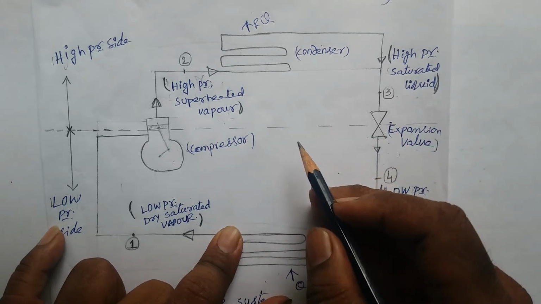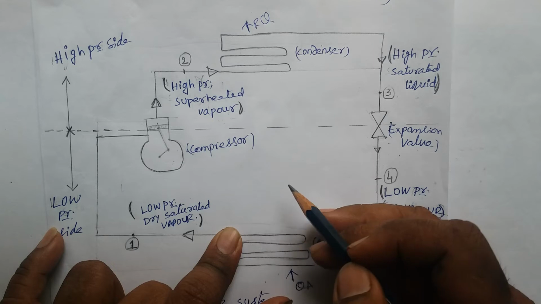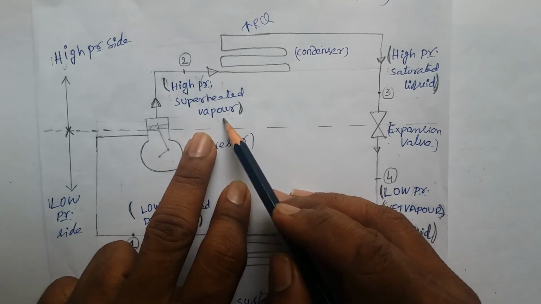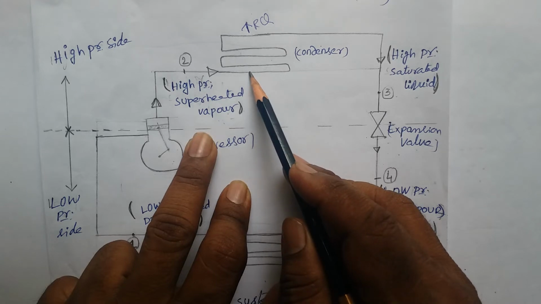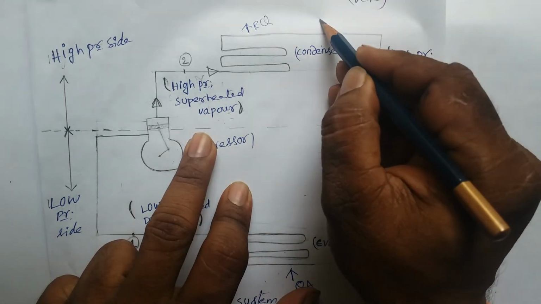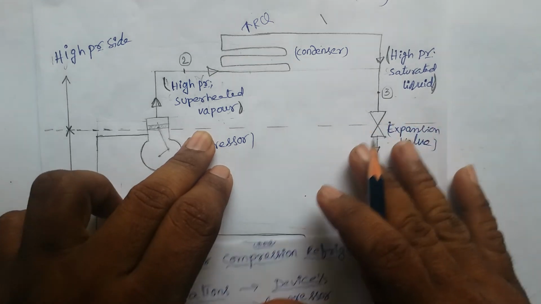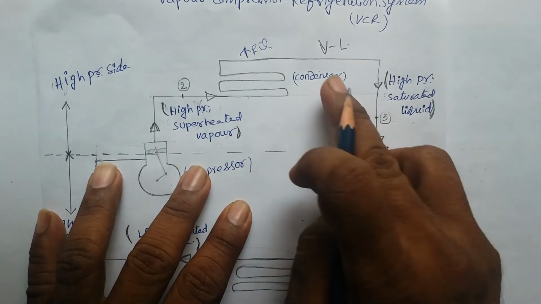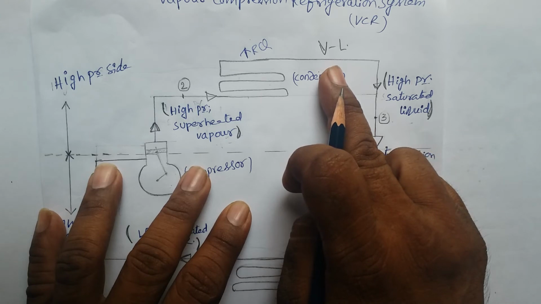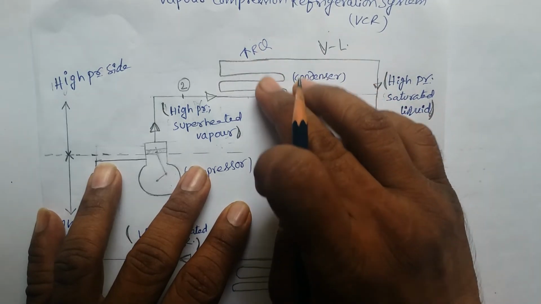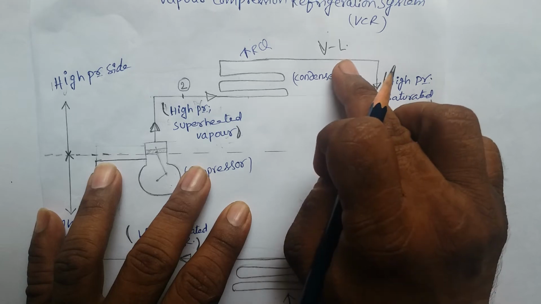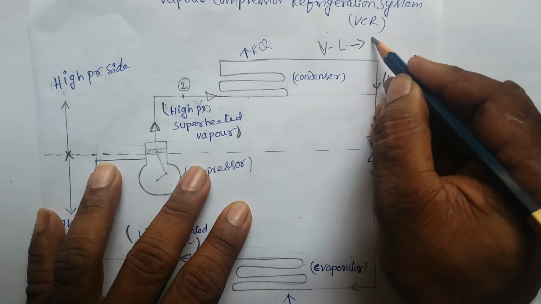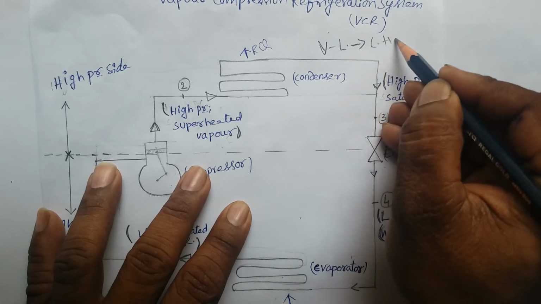We observe the change here: superheated vapor becomes liquid. So vapor to liquid is a phase change. How much heat is given to the surroundings is equivalent to the latent heat.